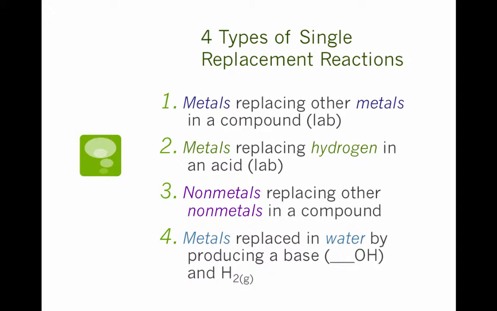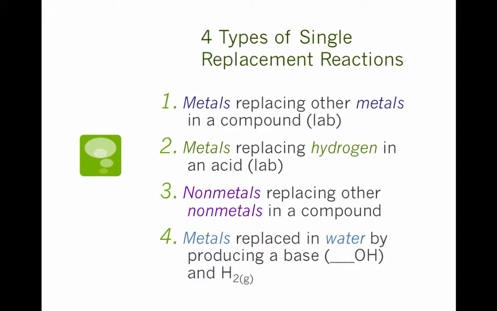The four types of single replacement reactions: metals replacing other metals in a compound, which you did in the lab; metals replacing hydrogen in an acid, which we also saw in lab; the third type, nonmetals replacing other nonmetals in a compound; and finally, metals replaced in water by producing a base, which always ends in OH, and hydrogen gas.